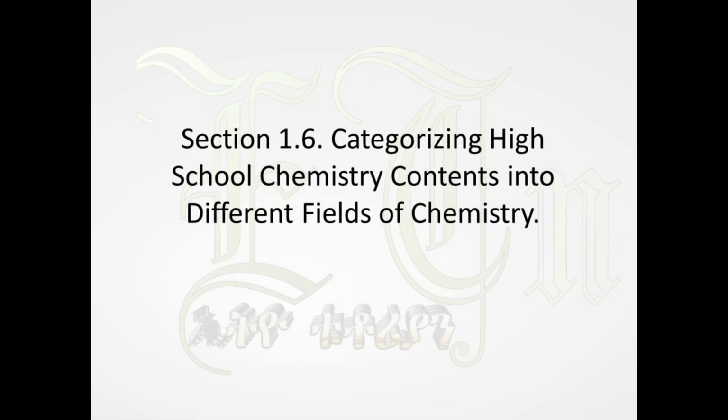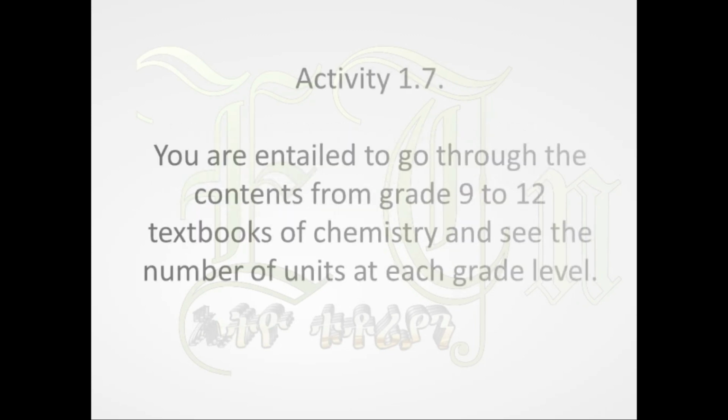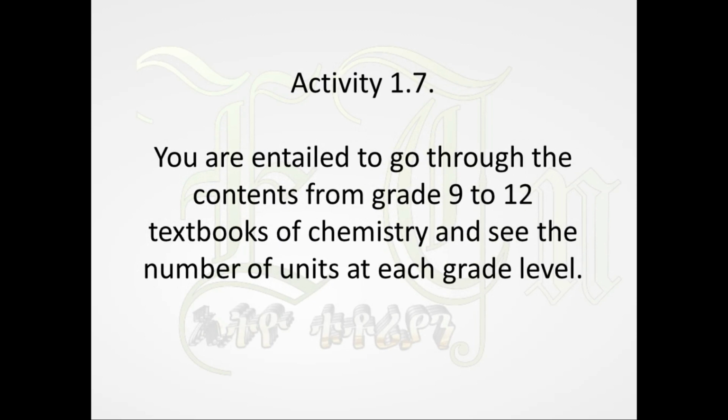Section 1.6. Categorizing high school chemistry contents into different fields of chemistry. Activity 1.7. You are required to go through the contents of the grade 9 to 12 chemistry textbooks and see the number of units at each grade level.